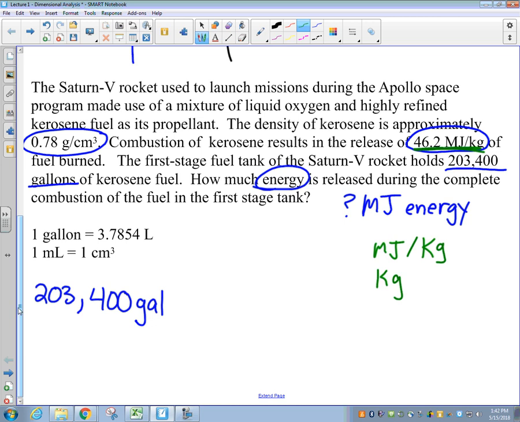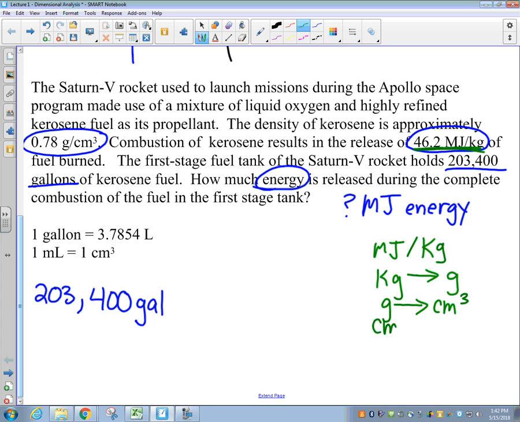Scanning my other variables, there's nothing specific that has kilograms in it, but I do have a density, which is in units of mass per centimeter cubed. We know from our understanding of the metric system how to go from kilograms to grams, so I can work backwards that way. And then once I'm in units of grams, I know that I can go from grams to centimeters cubed using my density value.